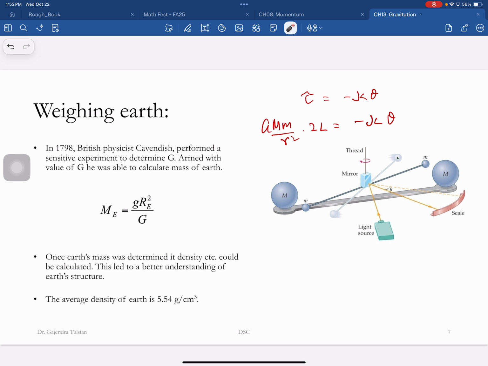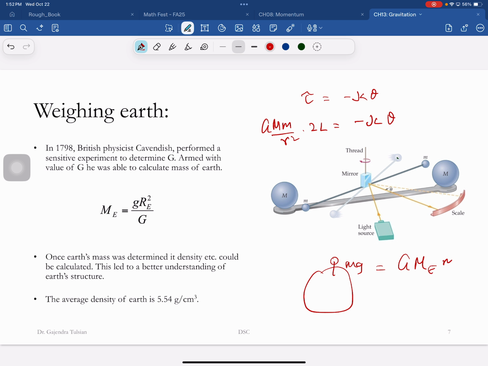Now here's the thing. What is the acceleration due to gravity on the surface of the Earth? 9.8 meters per second squared. So mg equals G times the mass of the Earth times this mass, divided by the radius of the Earth squared. We've known the radius of the Earth for a couple of thousand years; some Egyptian dude measured it.